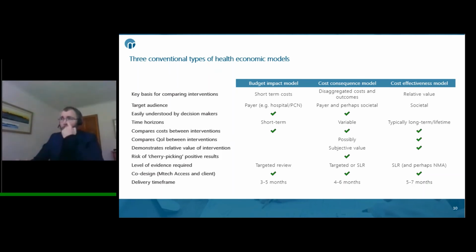It's also important to note two more things: that these models are all comparative, so it's all about this new medtech device relative to the single or indeed the collection of existing standard of care interventions. And also worth noting that from left to right in this table, budget impact through to cost effectiveness model, broadly speaking, what you see there is an increase in degree of sophistication and resource intensity.